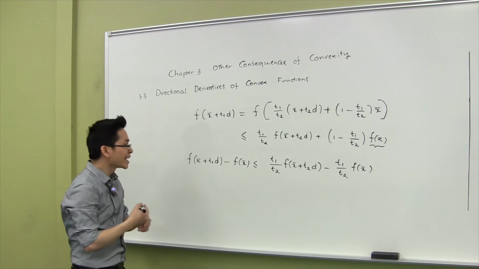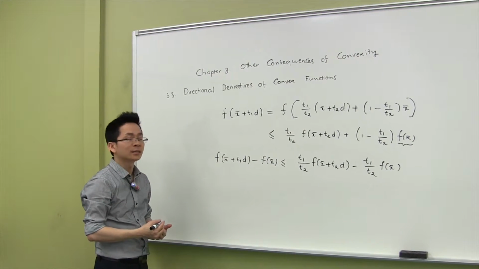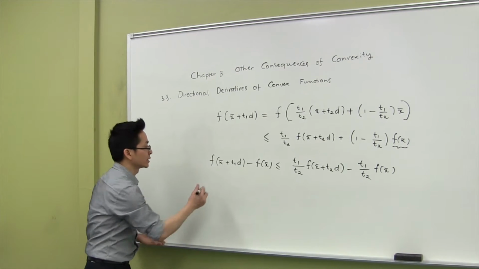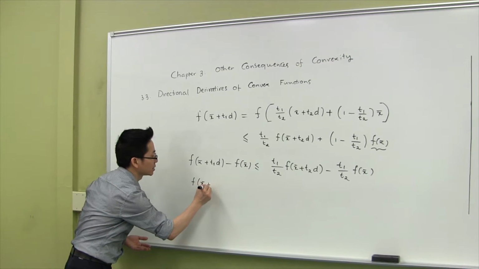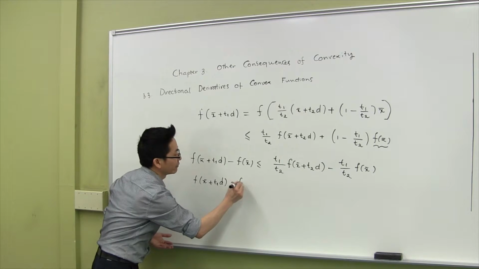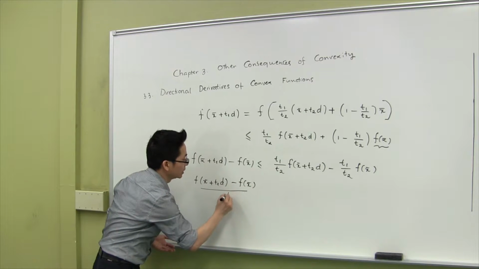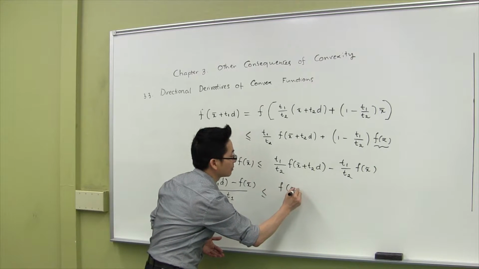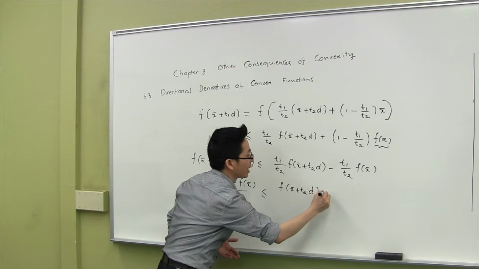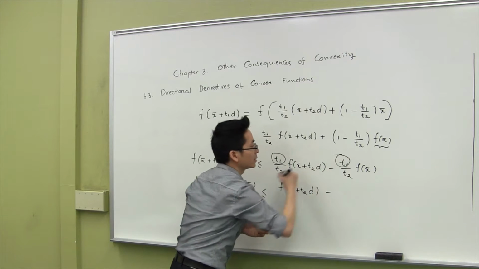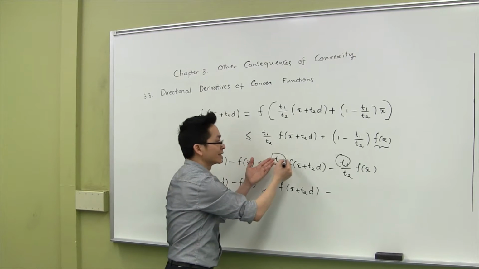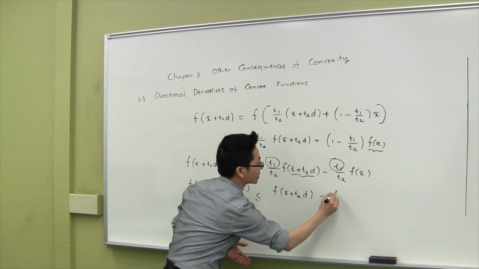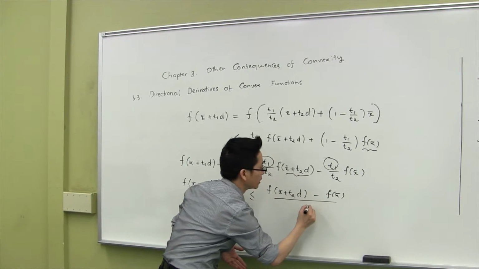Now in the next step, I'm going to divide both sides of this inequality by t1 and obtain the following inequality: f of x bar plus t1 times d minus f of x bar over t1 is less than or equal to f of x bar plus t2 times d minus, because we divide by t1, then t1 disappears over here, so here we have f of x bar over t2.